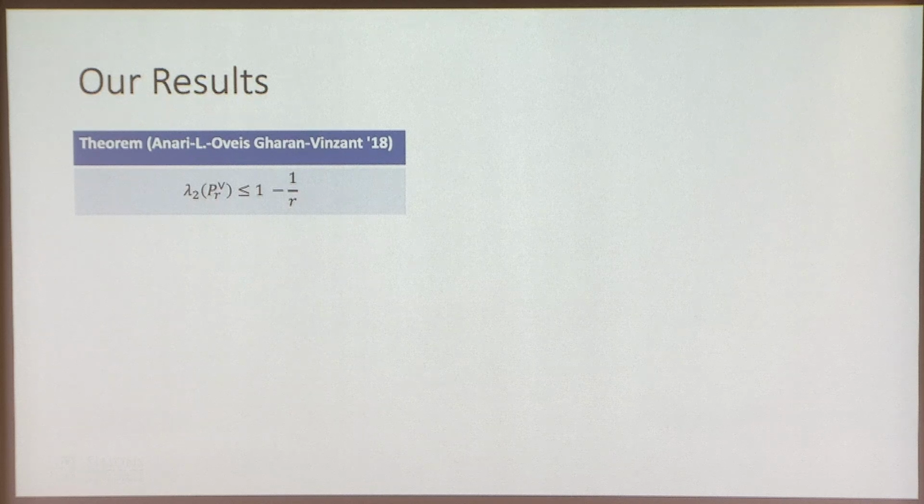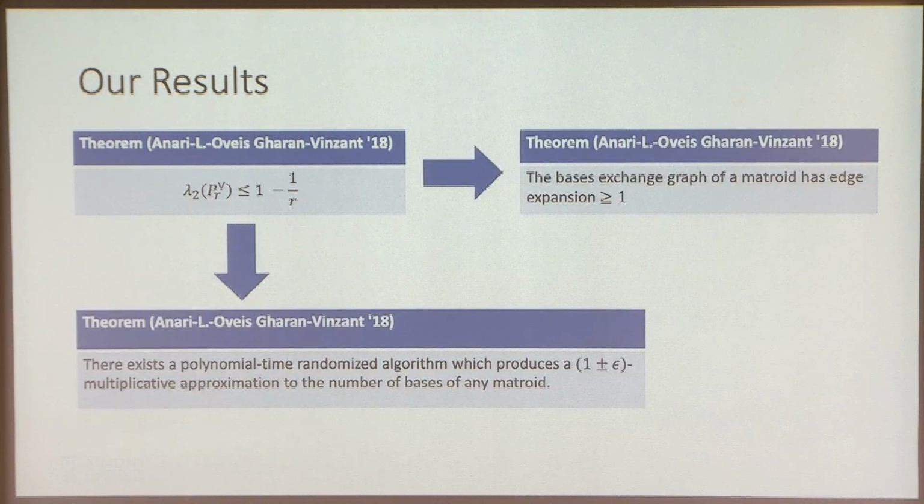What we'll prove is that you can bound it away from 1 by 1 over r, at least. Okay. And this immediately implies what we want to show, which is that there is this polynomial time randomized algorithm. And it also implies that this basis exchange graph has the combinatorial property of having edge expansion at least 1. So our focus will be on this.